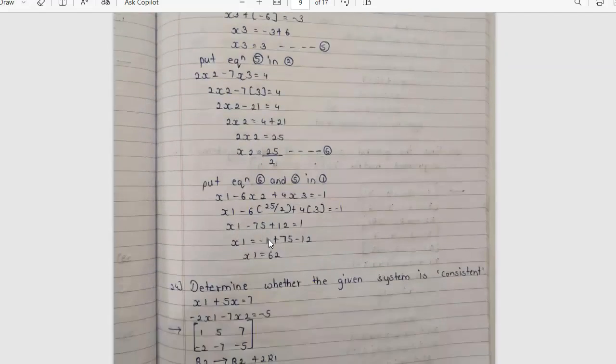So this type of equations we solve using the solution of the given linear systems. Another example: we have to determine whether the given system is consistent or not. It means that if the given system has a solution, the system is consistent; otherwise it is inconsistent, or it has no solution.